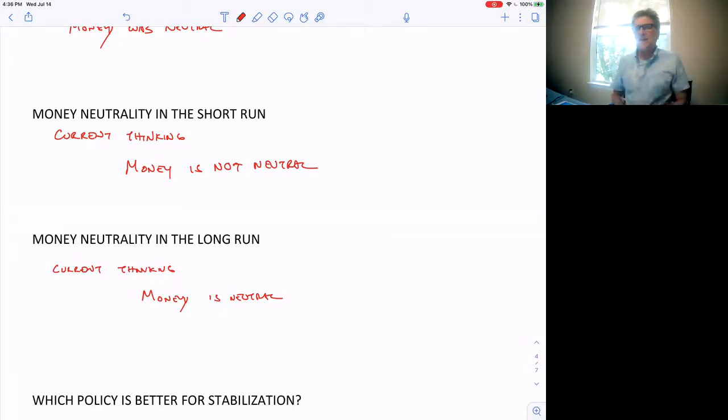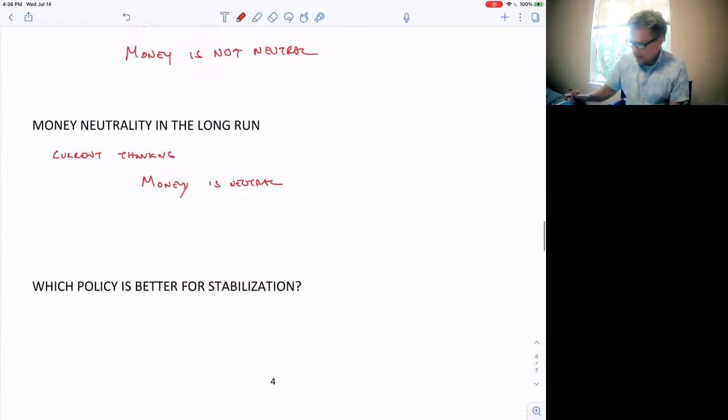So the thinking here is that money neutrality holds in the long run, meaning that in the long run, we're going to be on the edge of the PPF, regardless of how much money is printed. In the long run, we're going to be at potential output, no matter how much money is printed. The only difference is the inflation rate. Prices will be higher, and the inflation rate will be higher with the more money that's created.